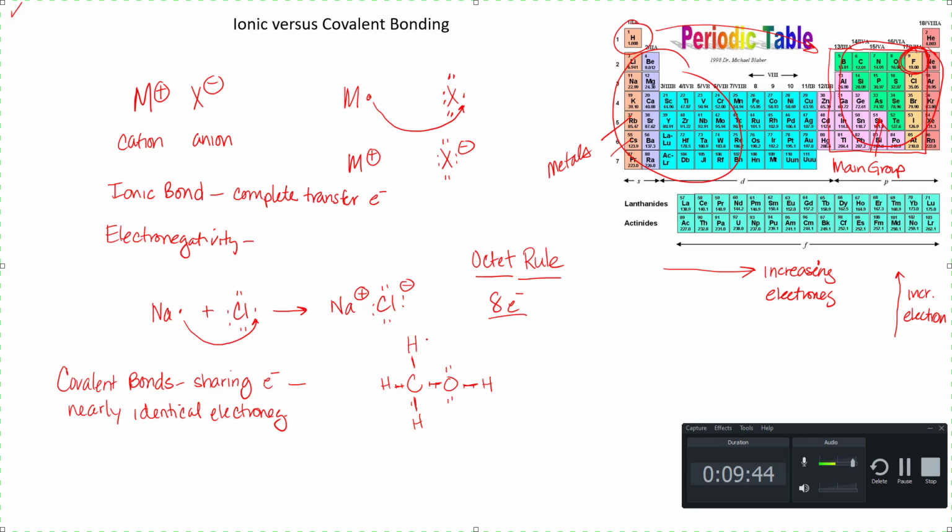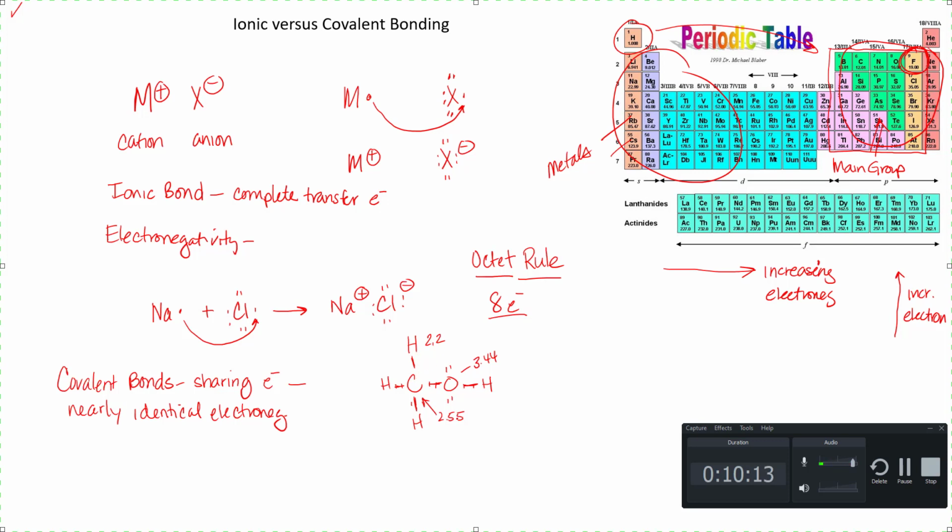So for instance, the electronegativity of hydrogen is, according to your textbook, 2.2 Pauling units. Carbon is 2.55, and oxygen is 3.44.